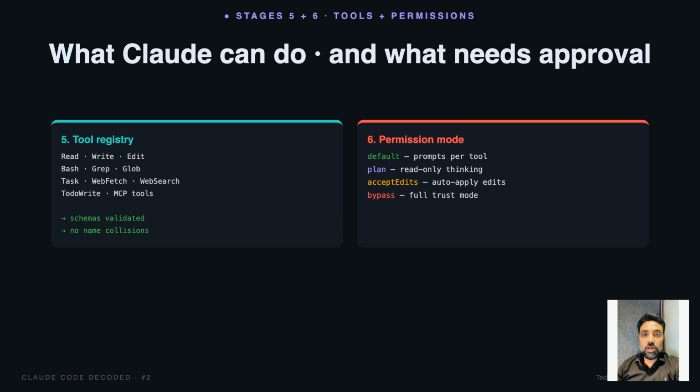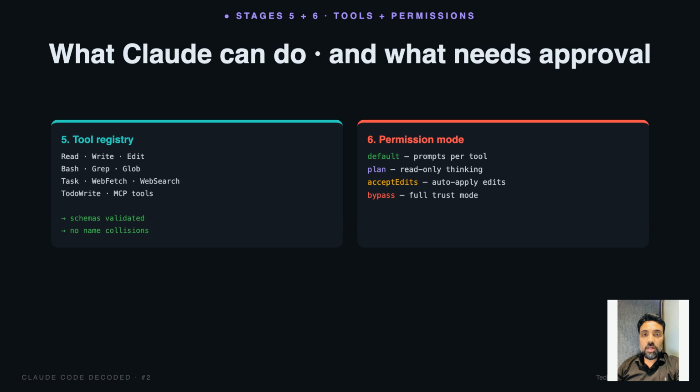Stage 6, permission mode resolution. Claude decides which permission mode to run in. The modes are default, plan, accept edits, bypass permissions. Each mode controls whether tool calls require user approval, whether file edits are auto-applied, and whether dangerous operations are allowed. The mode comes from a flag, a setting, or the default.